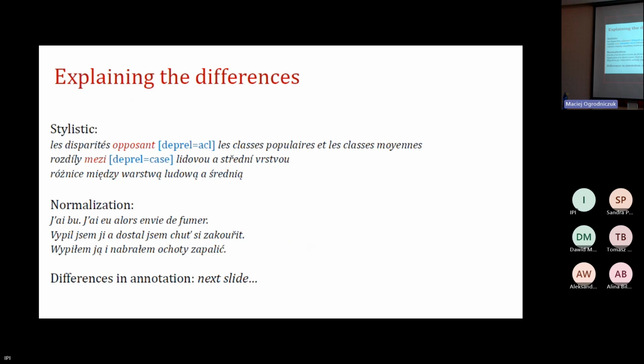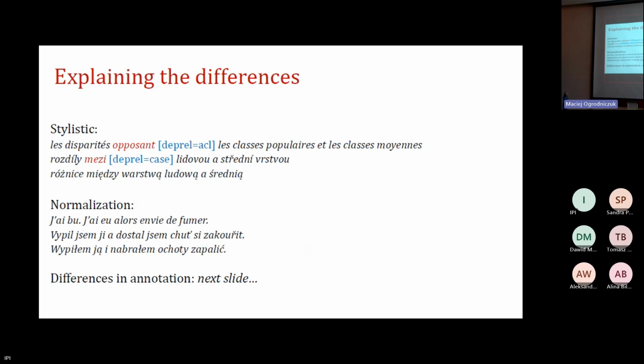Normalization: translators tend to adapt. There are some general principles of what people do if you are a translator, and one of them is normalization. They tend to adapt to the target language what seems not really natural in the target language.